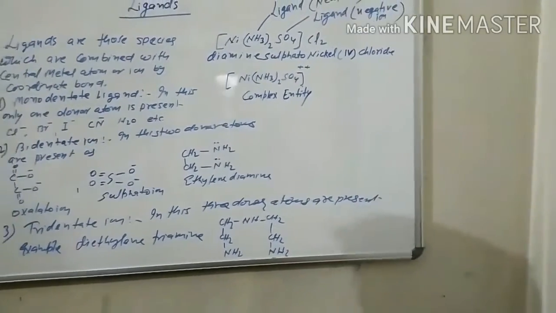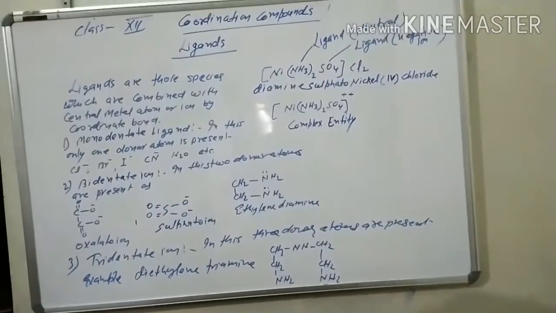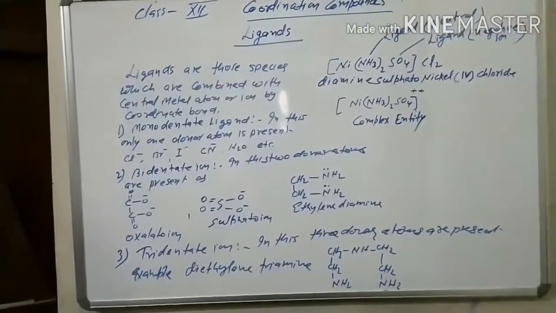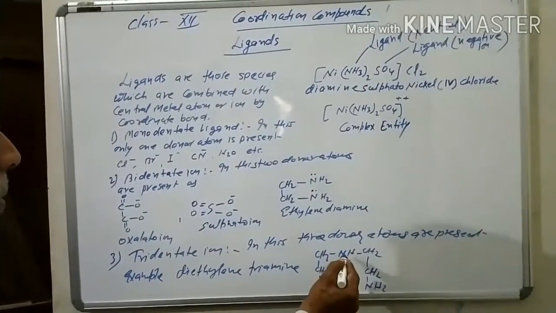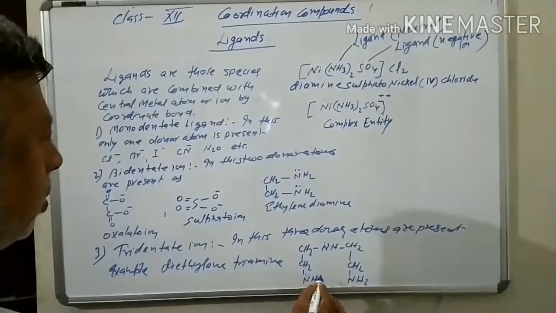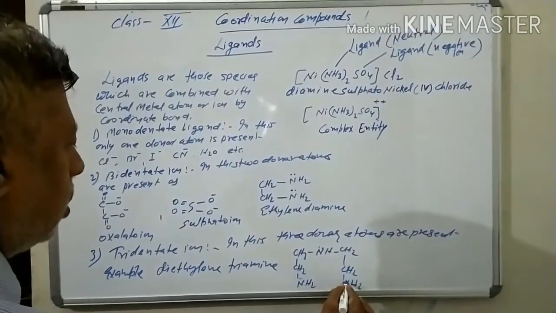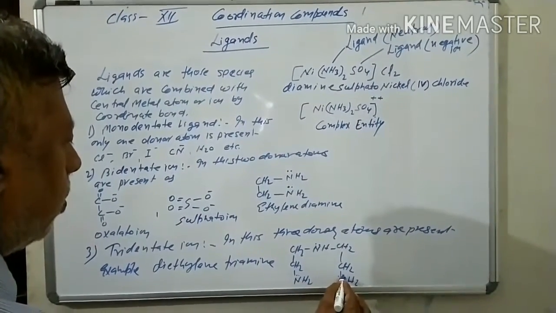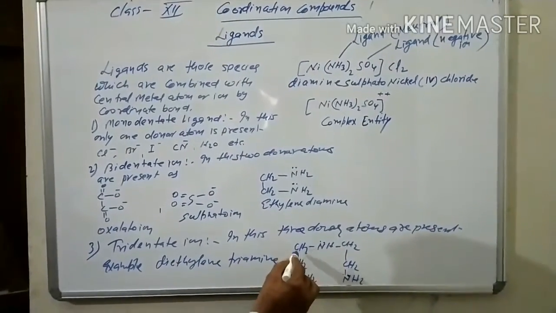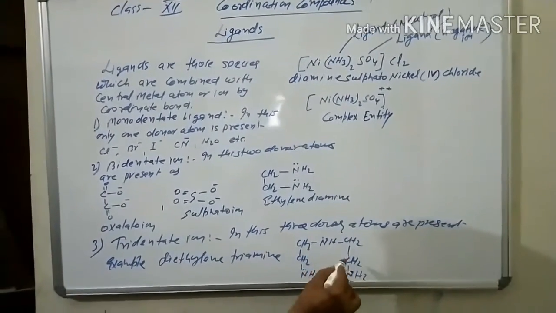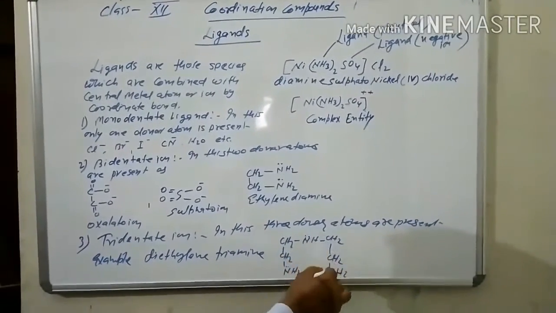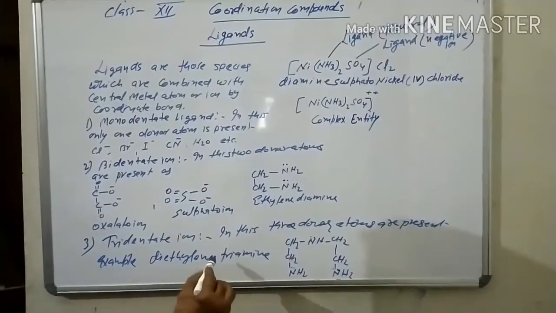In this, 3 nitrogen atoms are donor atoms: 1st nitrogen atom, 2nd nitrogen atom, and 3rd nitrogen atom. Because there are 2 ethylene groups, CH2, CH2, diethylene, and 3 amino groups, diethylene triamine.